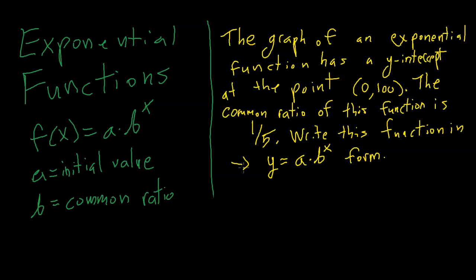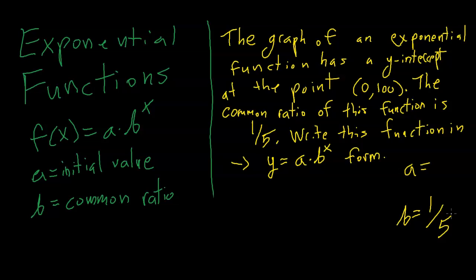We need to find what a is and what b is. Well, b's easy. We're given that the common ratio is 1/5, so b is equal to 1/5.